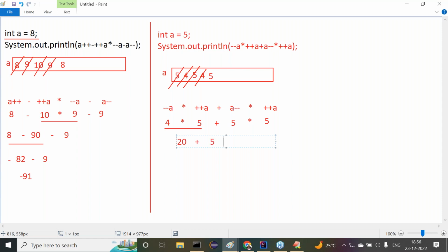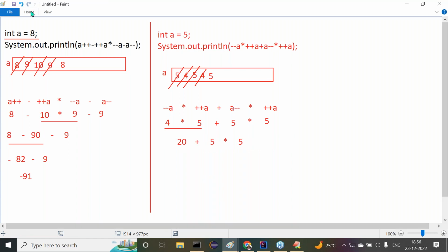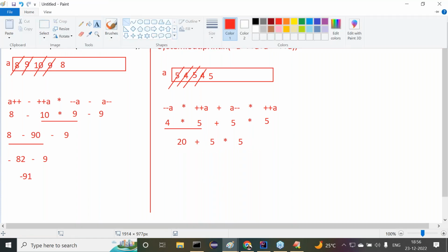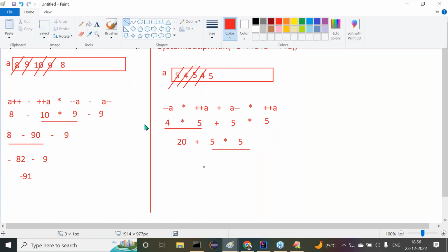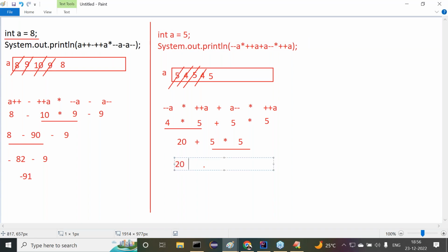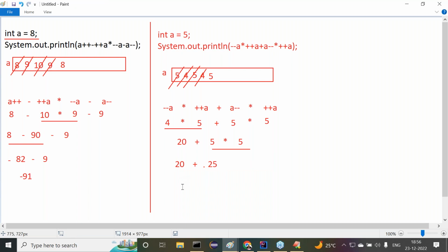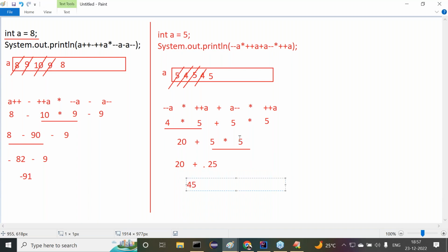5 star 5. Then plus and star operators are available, so what do we have to do? 5 star 5 must be evaluated first, which gives 25. Now 20 plus 25 gives 45. 45 is the output here.